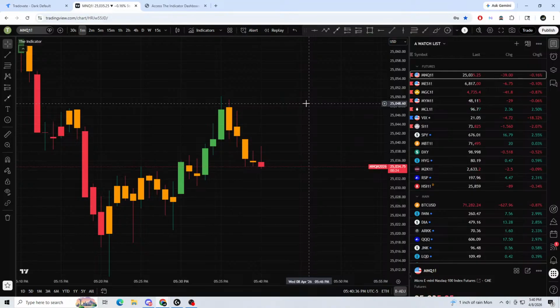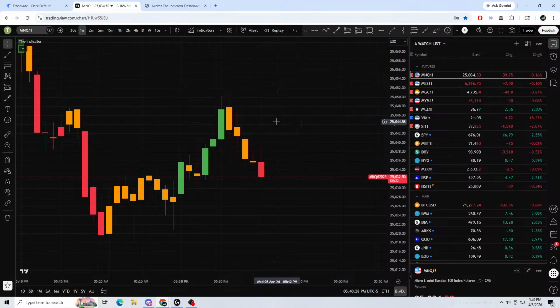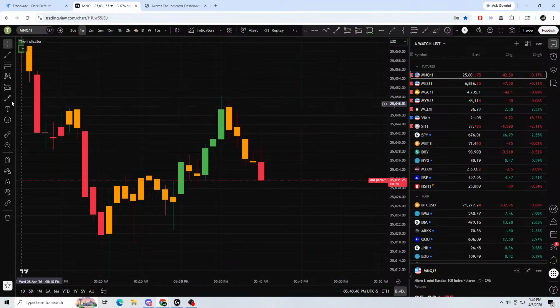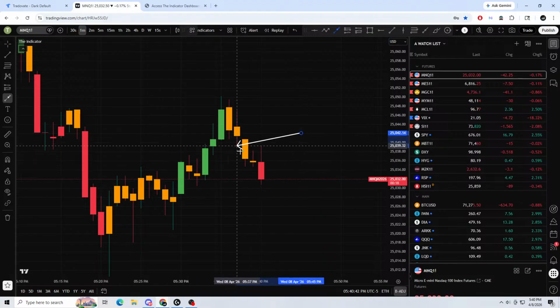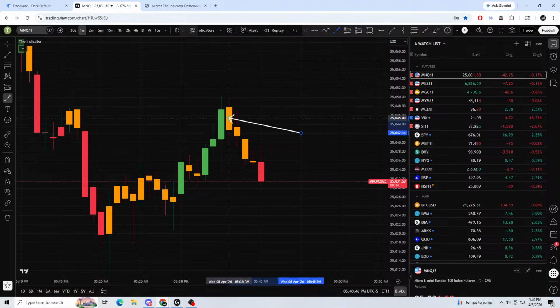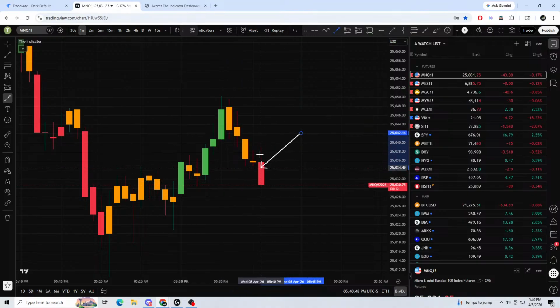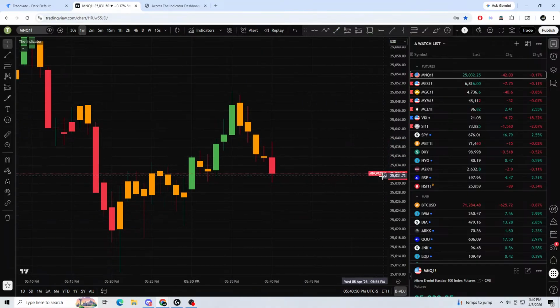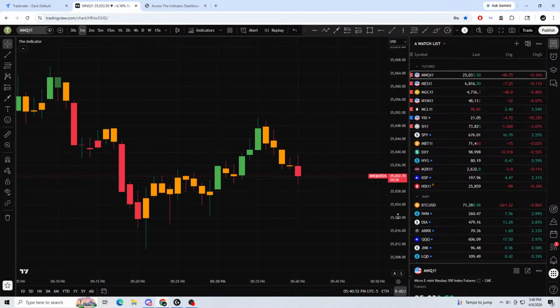I have no idea what the market's going to do, but the indicator is going to tell you what momentum is doing at all times. It got me out of my long here, and now it's telling me that we're showing some weakness here.